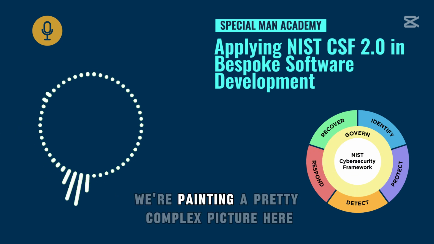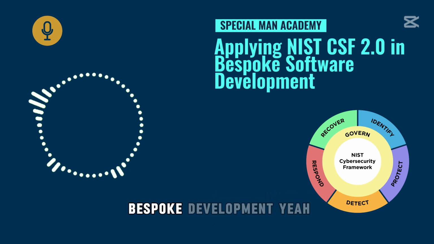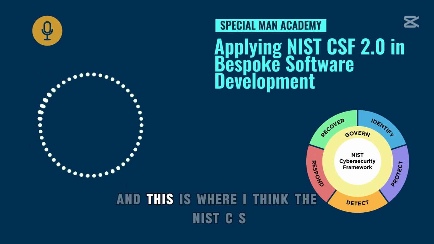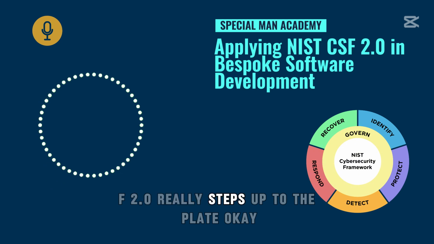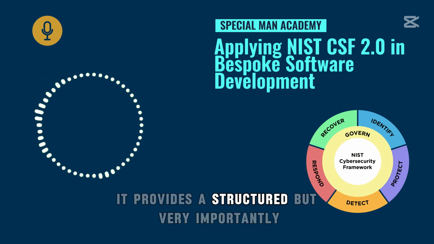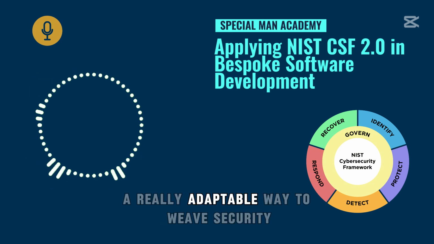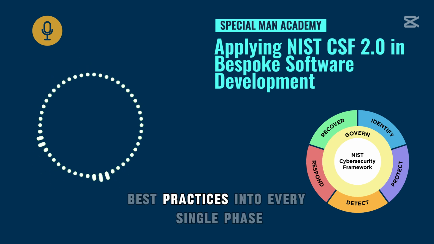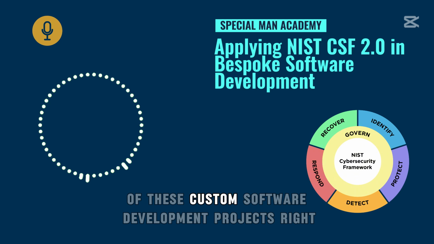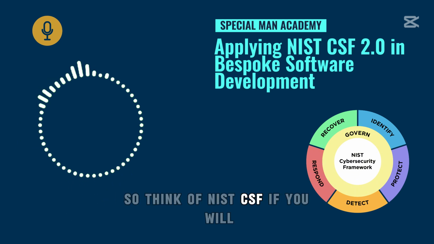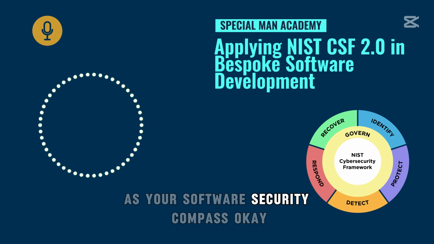So we're painting a pretty complex picture here with these unique challenges of bespoke development. And this is where I think the NIST CSF 2.0 really steps up to the plate. It provides a structured, but very importantly, a really adaptable way to weave security best practices into every single phase of these custom software development projects. Think of NIST CSF as your software security compass.